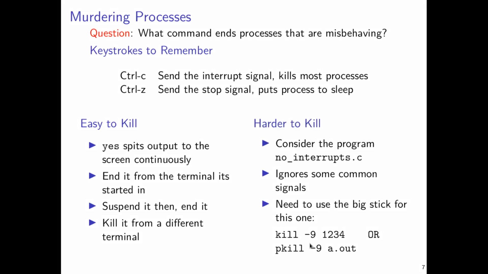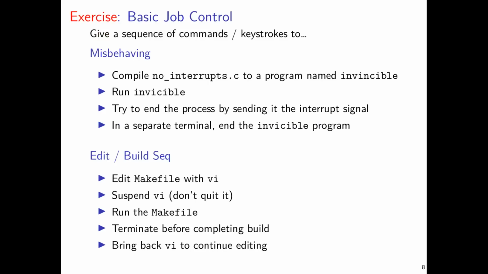As we discussed in lecture, processes are owned by a specific user, and if you don't own the process, chances are likely that you will not have permissions to end it or otherwise manipulate it. So we've talked now at length about job control, and it would be worthwhile to go through a process on your own to compile this thing, to run invincible, to do various things to end that program.